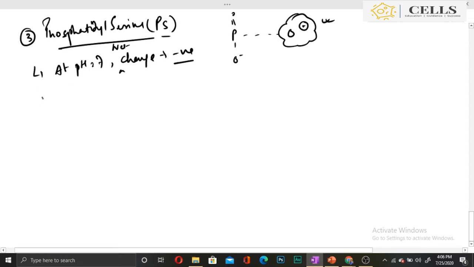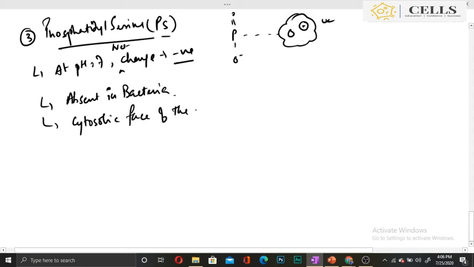This phosphatidylserine is absent in bacteria, and it is present in the cytosolic phase of the membrane.